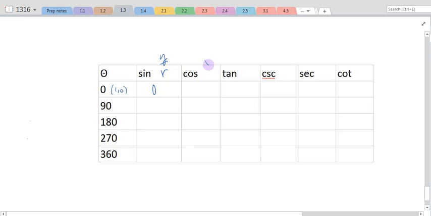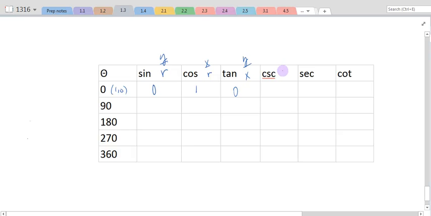Okay, let's look at cosine. Cosine is x over r. So my x value is 1, my r value is 1, giving me the cosine of 0 as 1. Tangent. Tangent was y over x. So y is 0, x is 1, and therefore the tangent of 0 is 0.